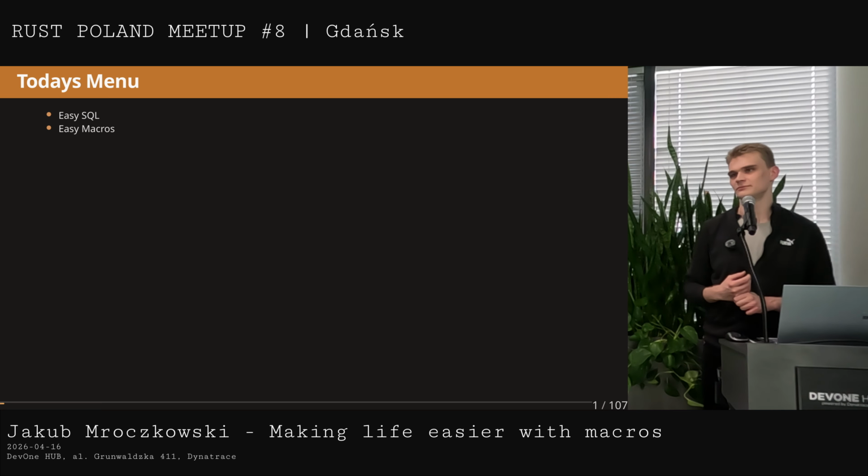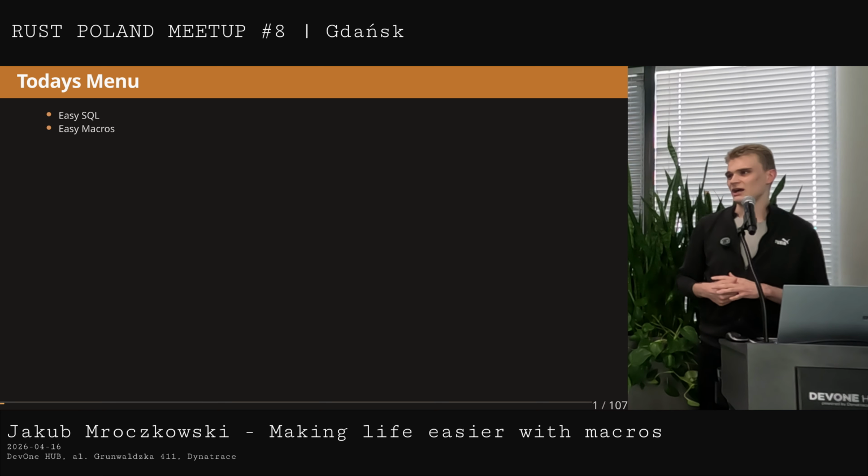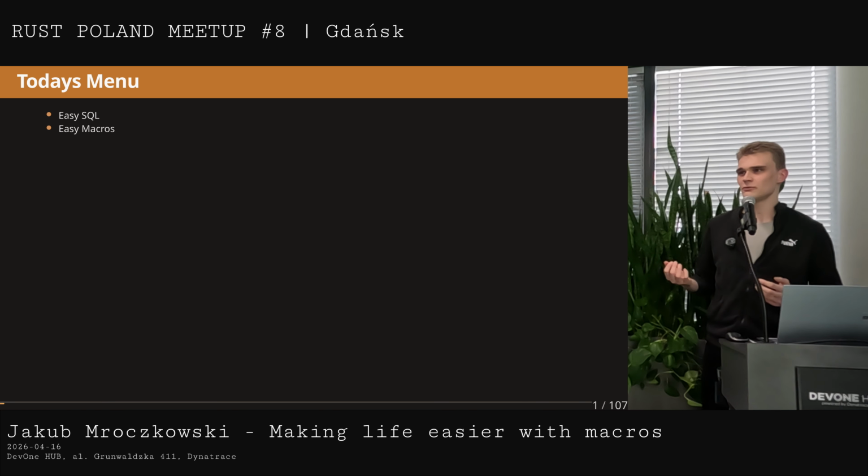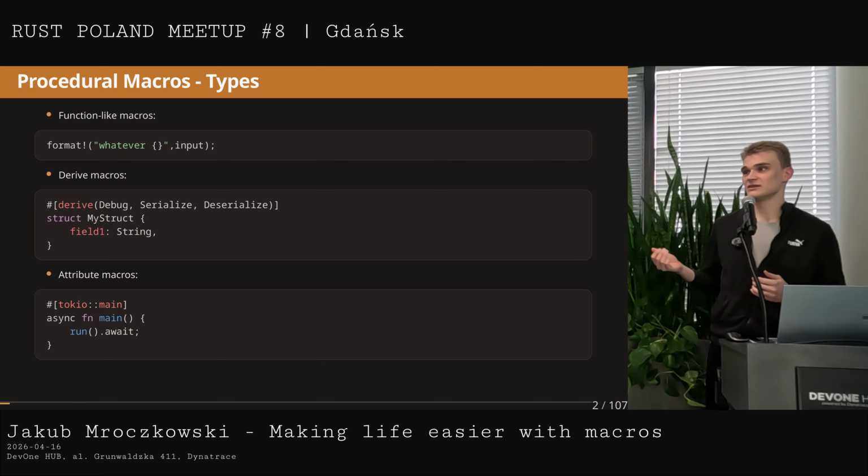But before I show you them, I want to do a little intro for those who aren't used to making procedural macros. In Rust, we have three types of procedural macros. First of them are the function-like.